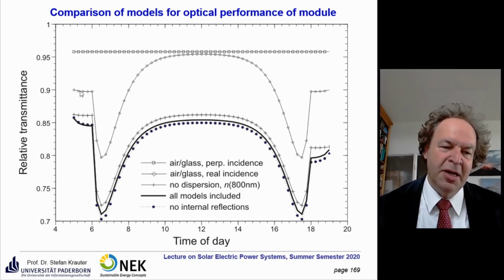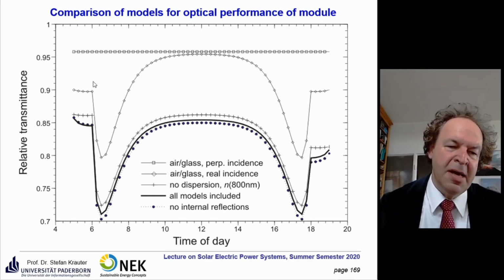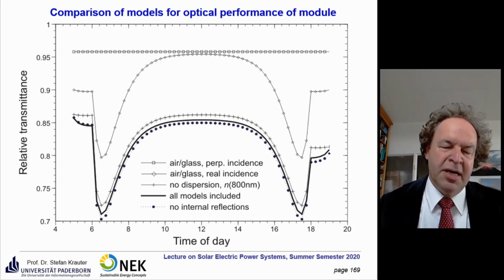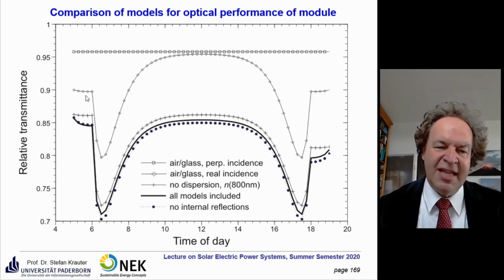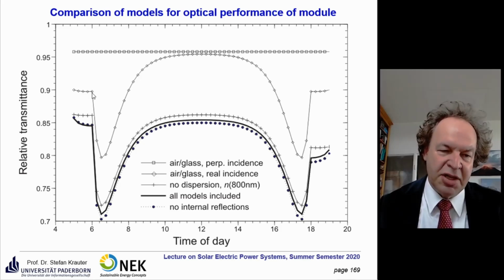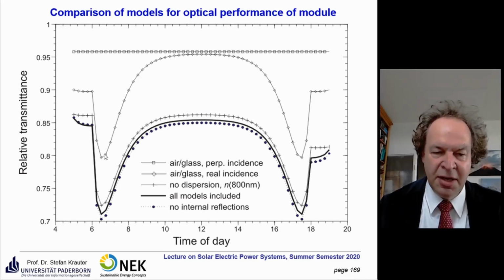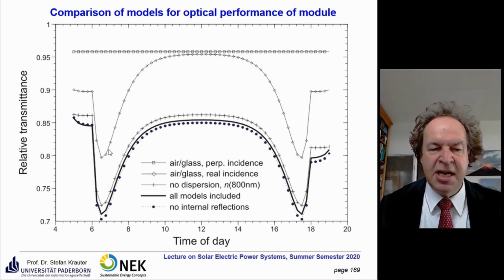You lose about 10% due to these reflections, and then as the sun goes up, that means we have a very flat incidence angle and a lot of reflection. Therefore, the optical performance is decreasing. In total, you have about 20% of reflection here, and then the sun is slowly going up, and so the incidence angle is getting more towards perpendicular, and the losses are less.